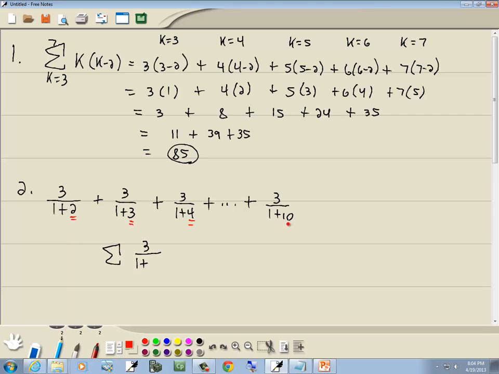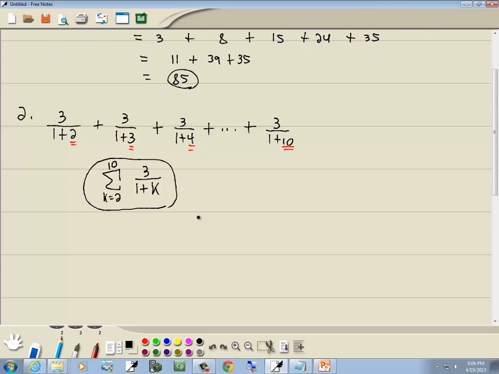Dot dot dot means it keeps on going with that pattern up to 10. So it's going from 2 to 10. Well, that implies k is equal to 2 to 10. And then we put k right here, and that'd be our answer. So again, you got to look for a pattern.